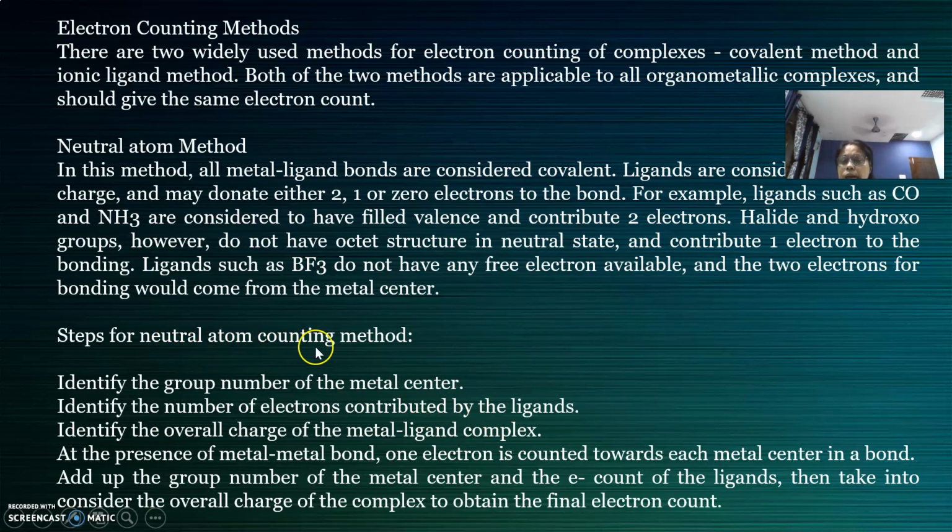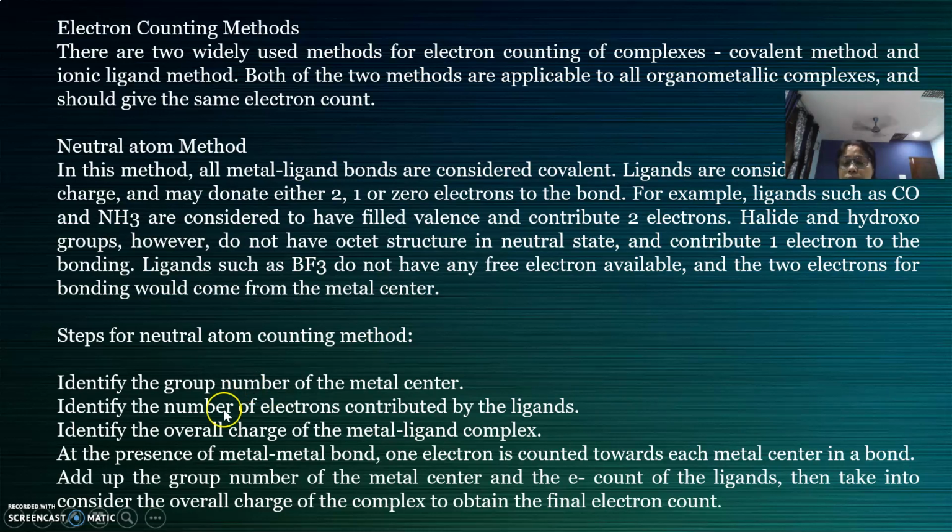First of all, in the neutral atom counting method, the total number of metal electrons will be determined from its group. Scandium is from 3B. So if we consider a coordination compound of scandium, then it will have 3 electrons in the outermost shell. Scandium 3B, titanium 4B, vanadium 5B. So whatever be their group number, that will be the valence electrons present in it. Chromium 6B, manganese 7B. So manganese will have 7 electrons.